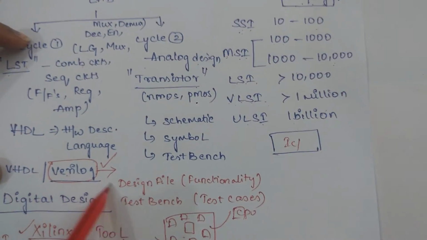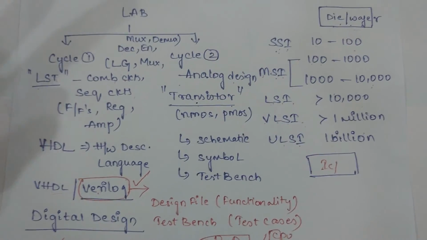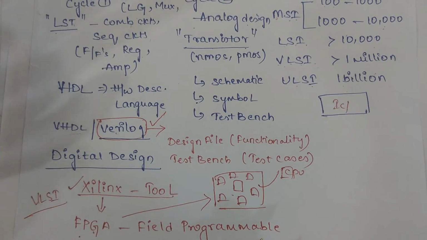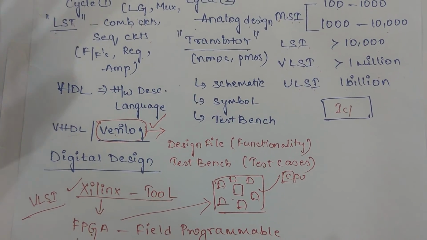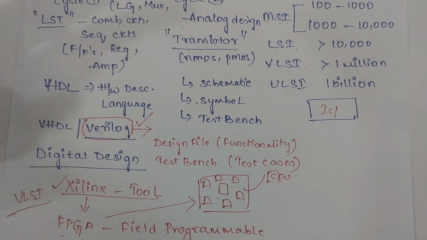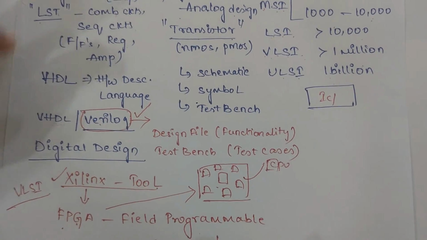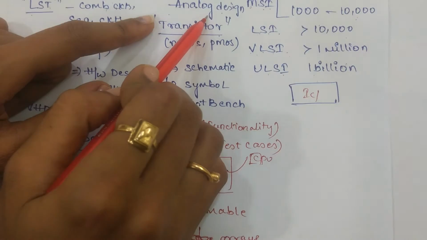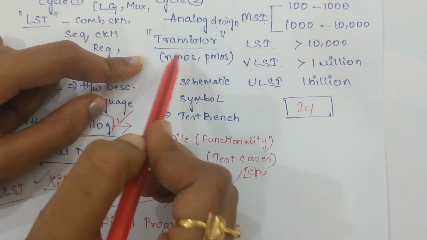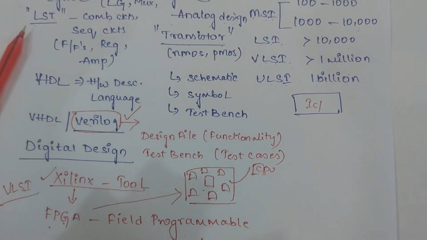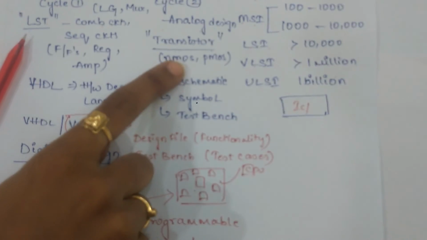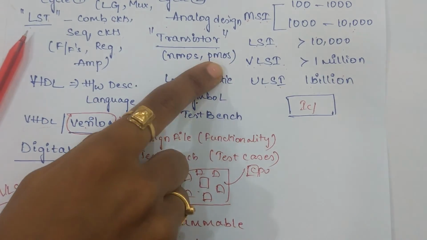Cycle 1 is completely about digital design circuits. All digital designs will be tested, functioned and verified according to the truth table, Boolean equations or Karnaugh maps. Cycle 2 is completely about analog design. Here all your circuits will be designed with the help of transistors, NMOS transistors or PMOS transistors.